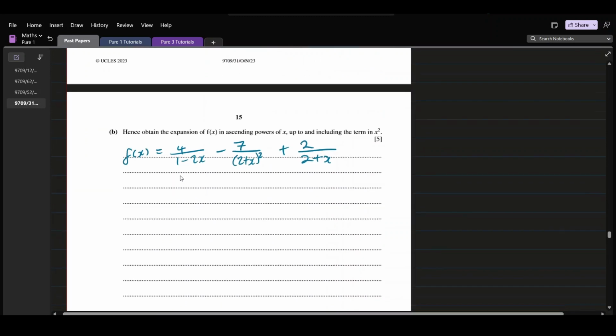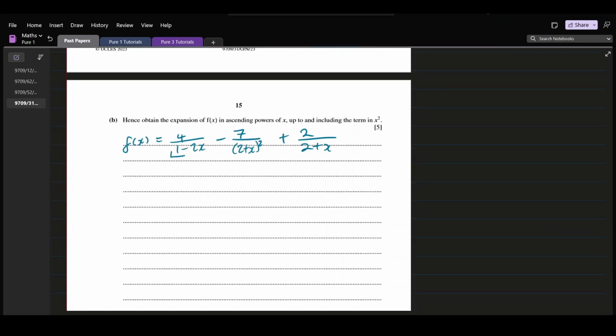Okay, so let's start with the first term. We're going to bring the 1 minus 2x to the top, so it becomes 1 minus 2x to the power negative 1. And if we expand this, this becomes 1 plus negative 1 times negative 2x plus negative 1, negative 2, over 2 factorial times negative 2x squared, then our big bracket.